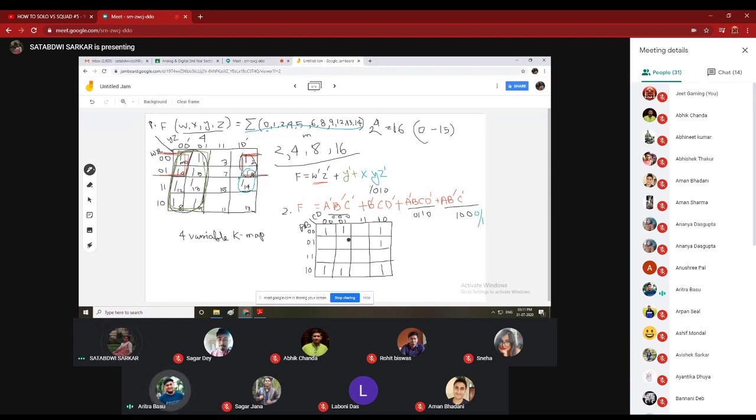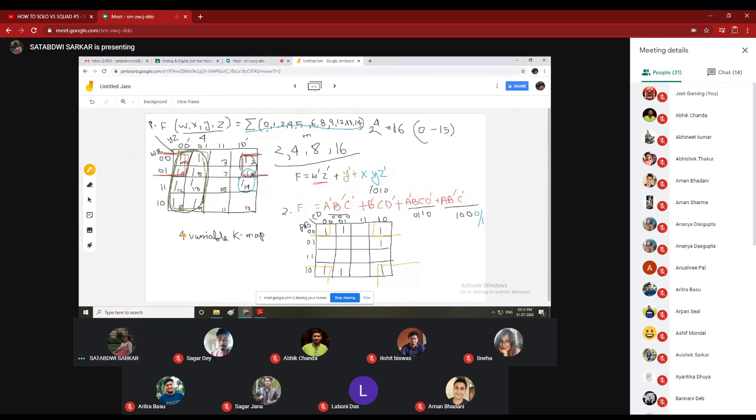The second example also has the same thing. Yes, it is also here. See, in these 4 diagonal positions, we have 1, so we can group them together in this way.